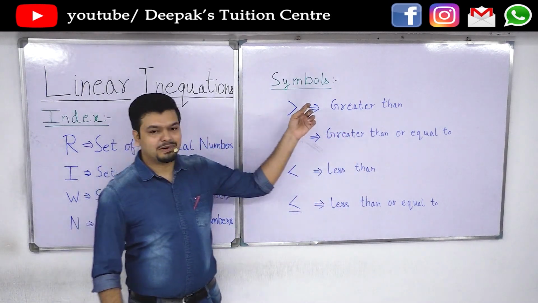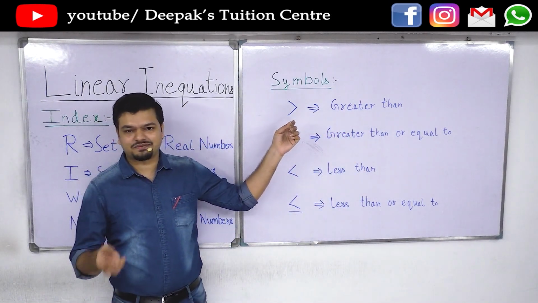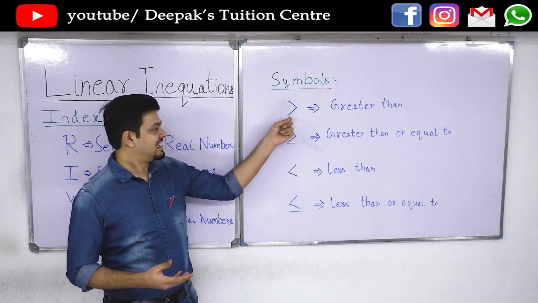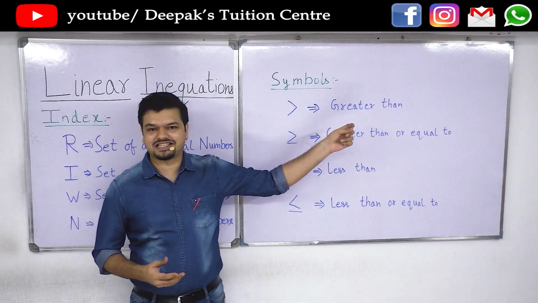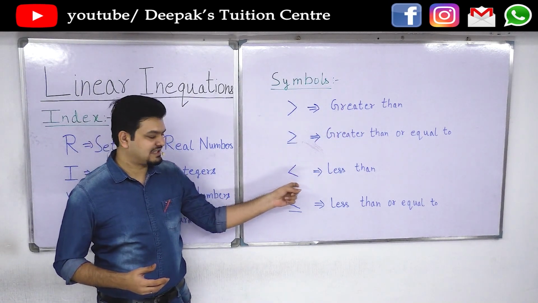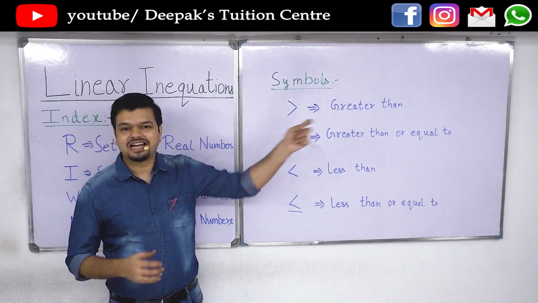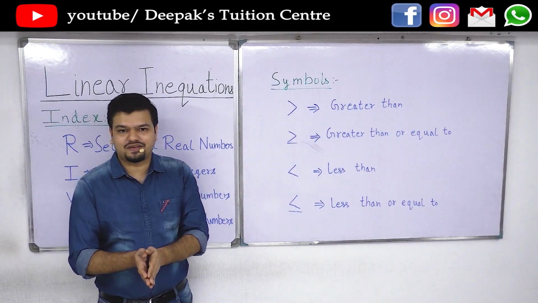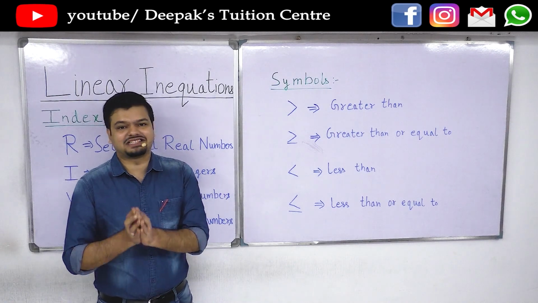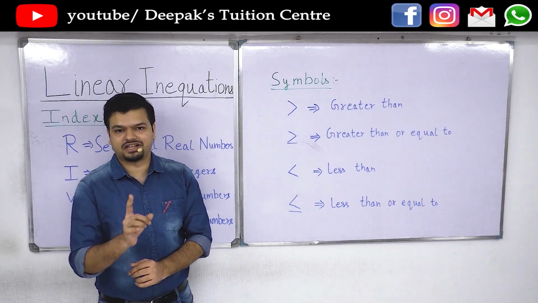Here, we use certain symbols which we should be familiar with. This symbol represents greater than and this symbol represents less than. So if I write x is greater than 3, it simply implies that the value of x will be any number that is greater than 3 but not 3.